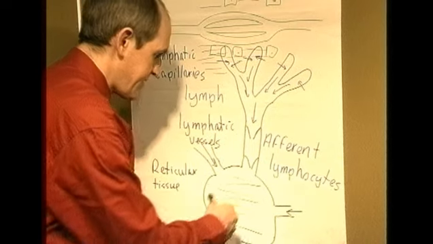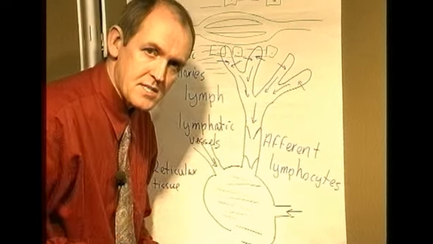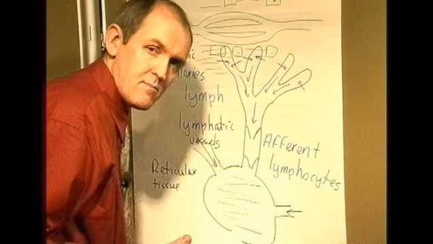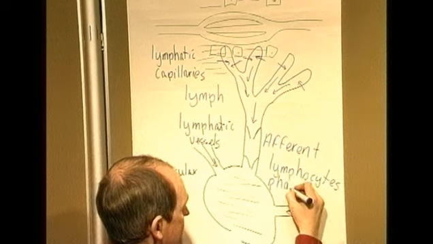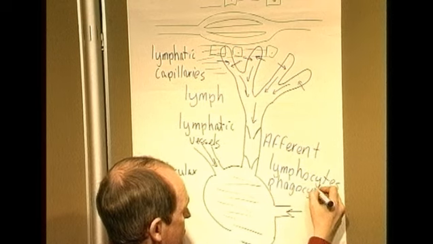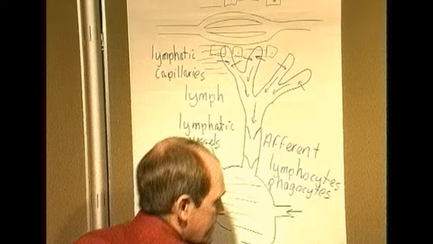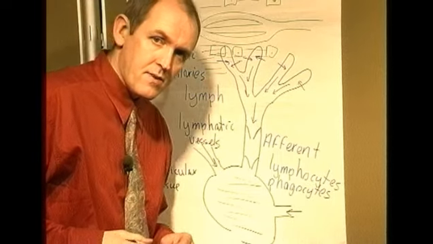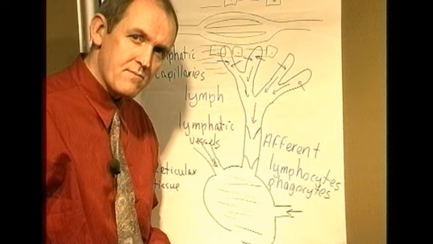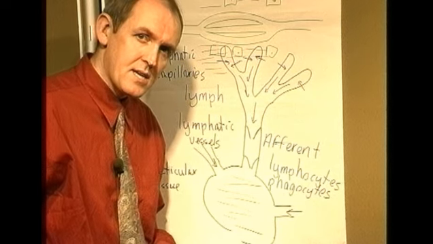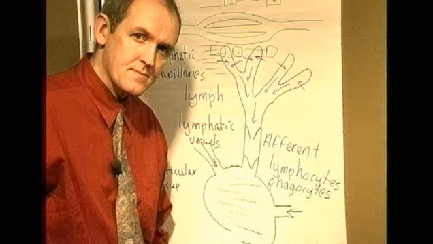As well as that, the lymph node houses phagocytes, cells which can eat bacteria. So the lymph nodes have large numbers of lymphocytes and phagocytes, both involved in protecting the body against infection.